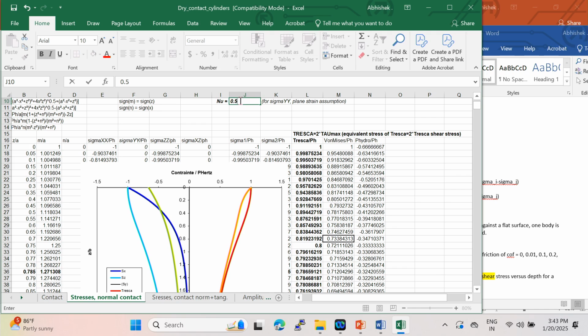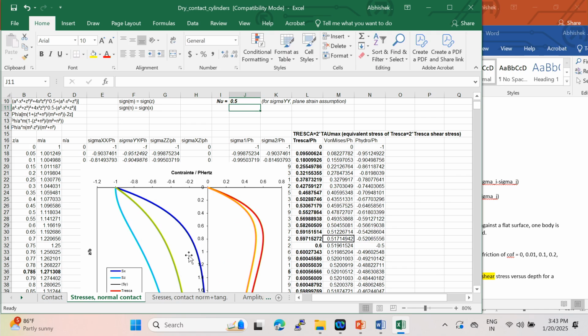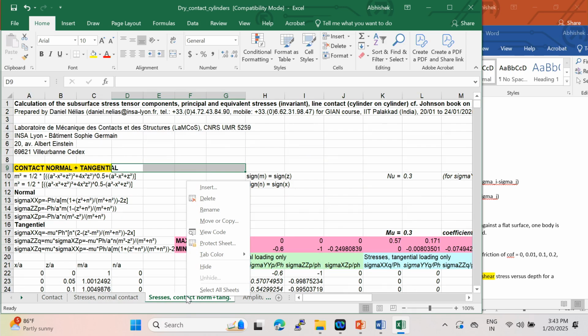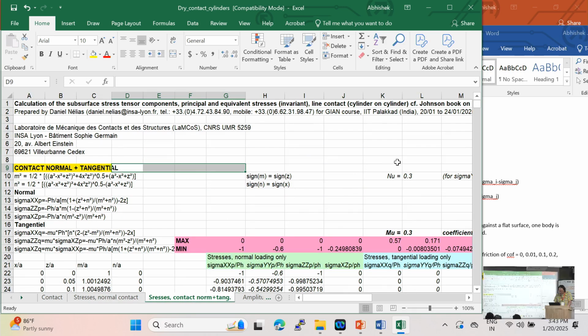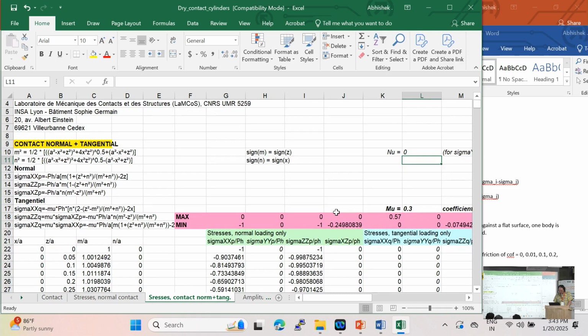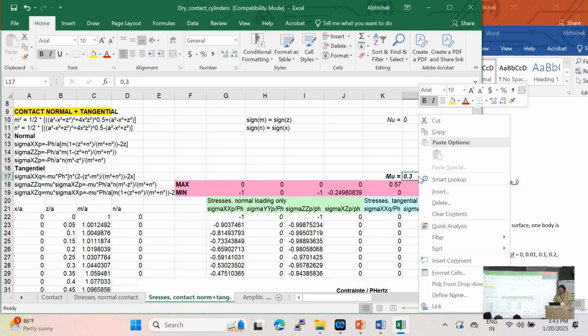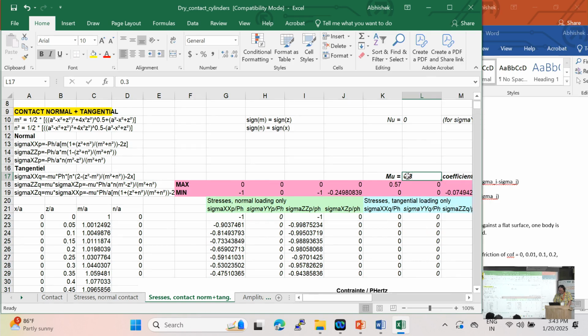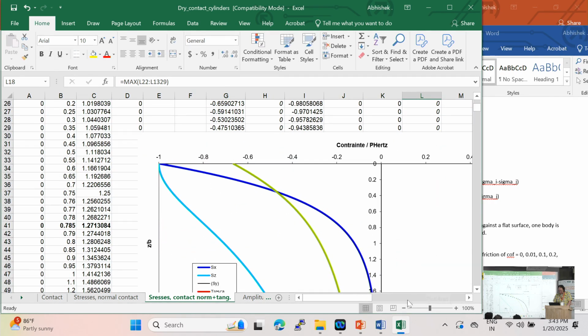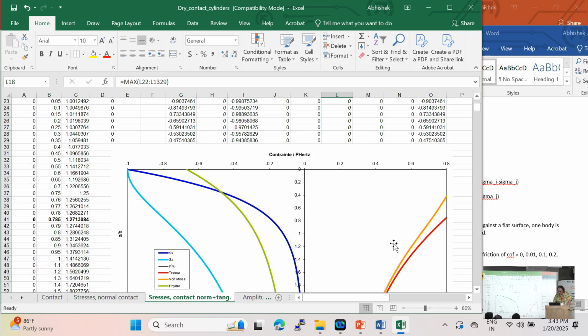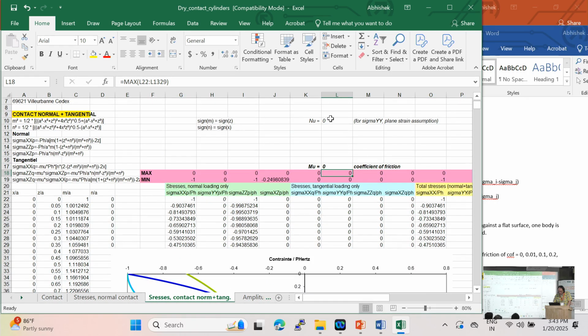Let's go back to the rubber. Now I will make some simulations with friction. Again I will take the same value, 0, and now for the friction coefficient I will use 0.5.